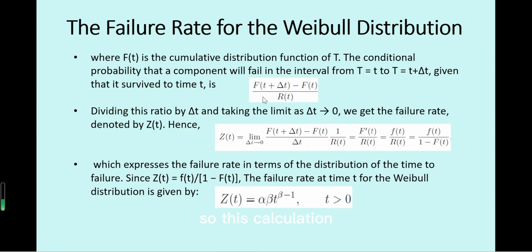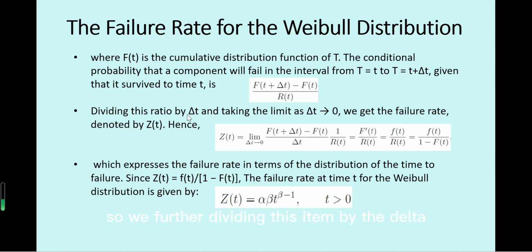So this calculation is F(t plus delta t) minus F(t), divided by R(t). So R(t) is the conditional probability in the denominator. So given this event has occurred, the probability between these two is the cumulative probability of t plus delta t minus the cumulative probability F(t).